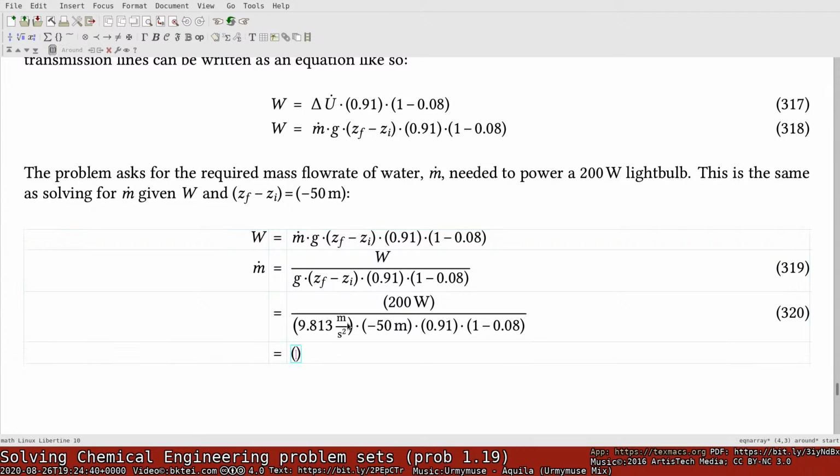All right, let's put all the numbers together. 200, 9.813 times 50. Let's put a negative over here. It's negative because this is water doing work, so energy is leaving the water. Times 0.91 times the quantity 1 minus 0.08.